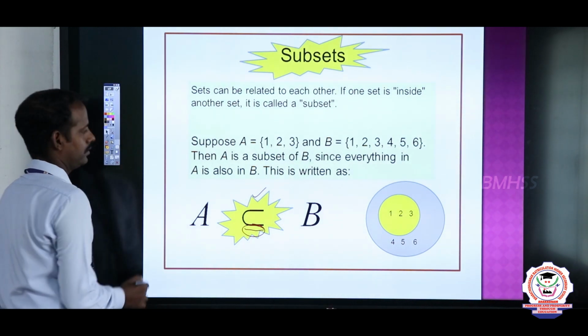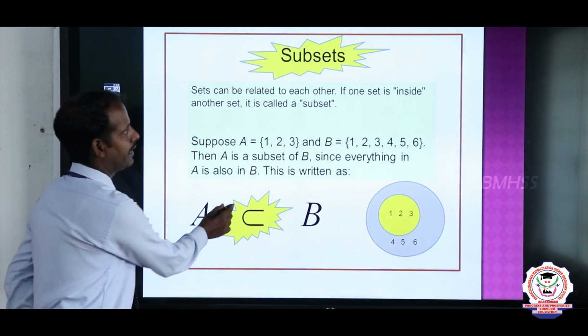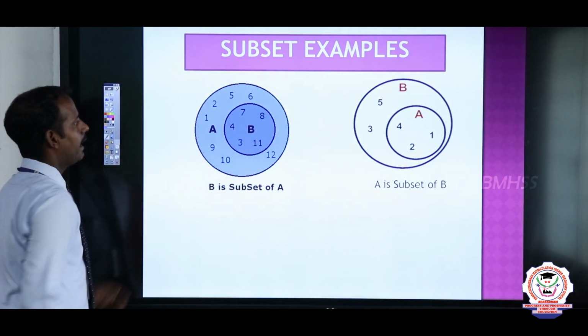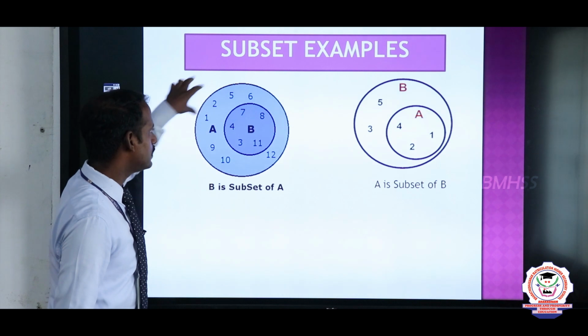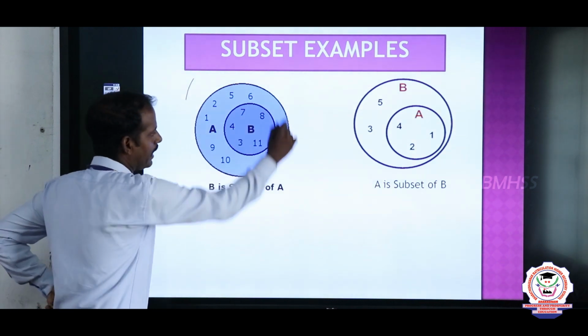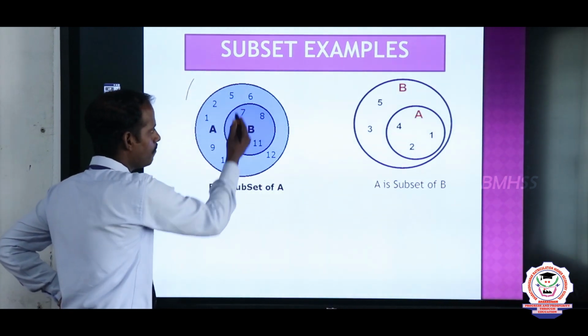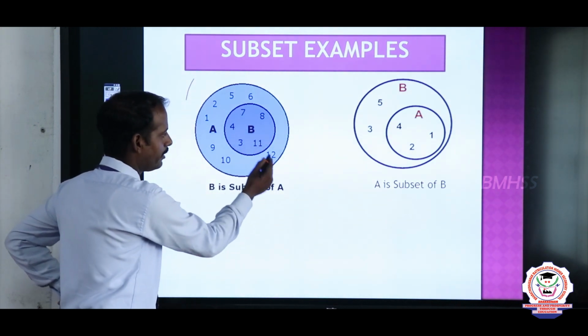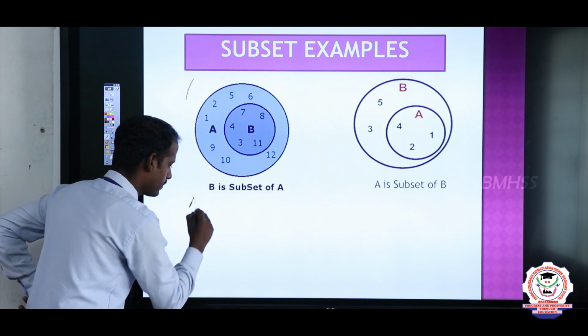Next, a subset example with a diagram. Here set A is {1, 2, 3, 4, 5, 6, 7, 8, 9, 10, 11, 12}.